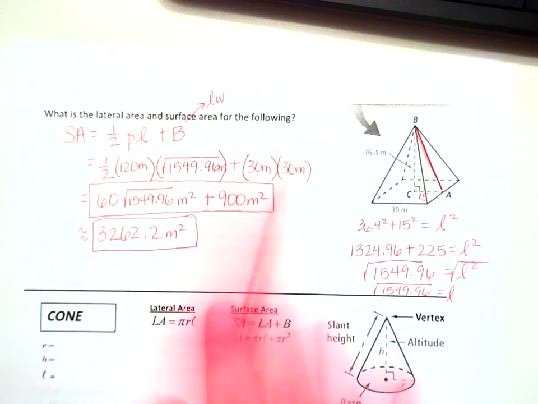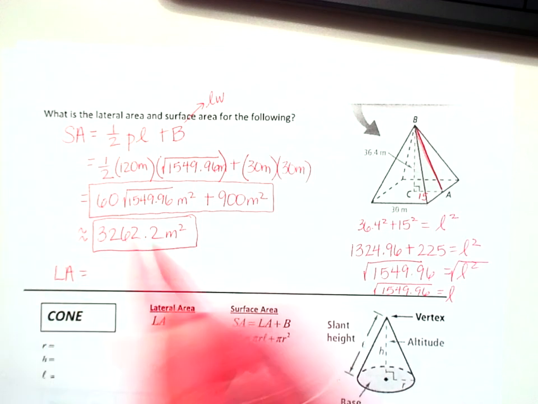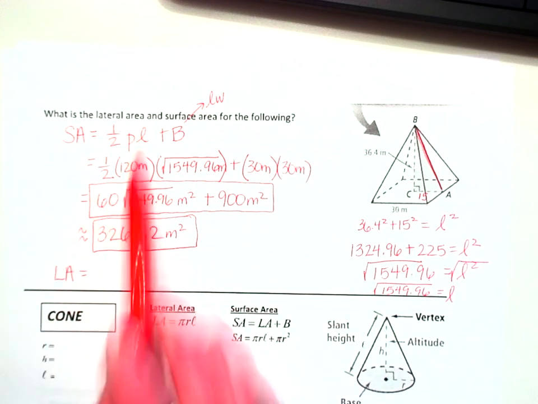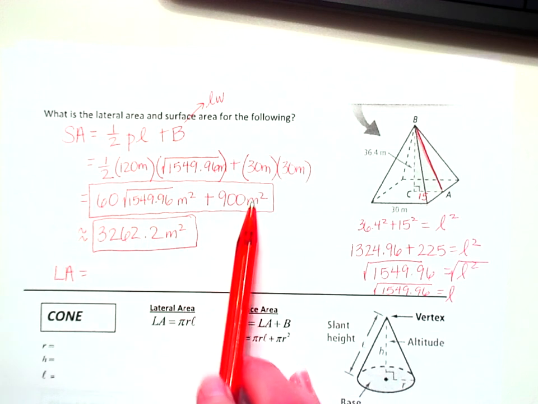Now, if they asked you to find lateral area and surface area, I found surface area already. What is the lateral area? The lateral area, again, is just this first part. This is your lateral area. It's not adding on the base.